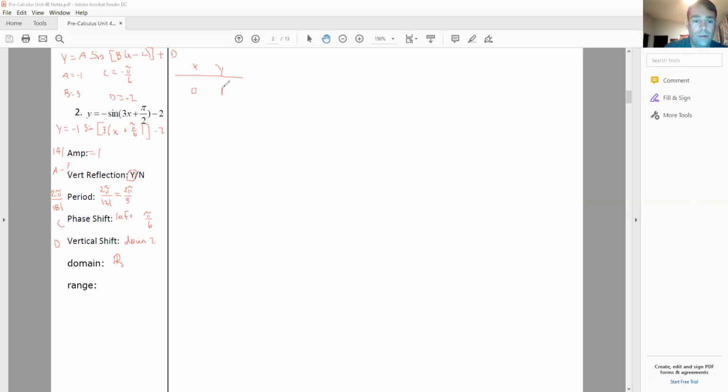They never change. So 0 and 1. I lied. 0 and 0. 0, 1 is cosine. 0, 0, pi over 2, 1, pi, 0, 3 pi over 2, -1, and 2 pi.